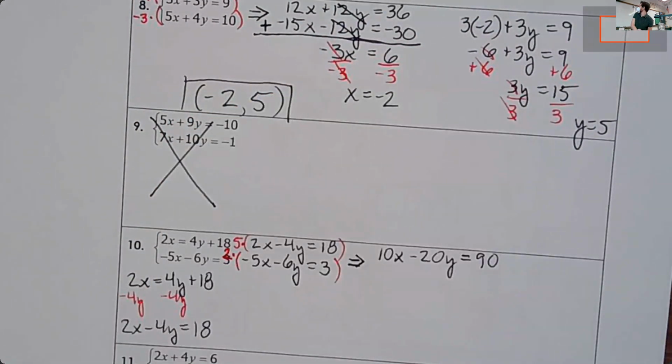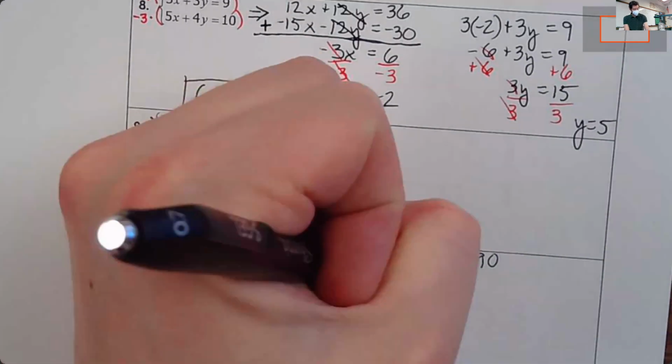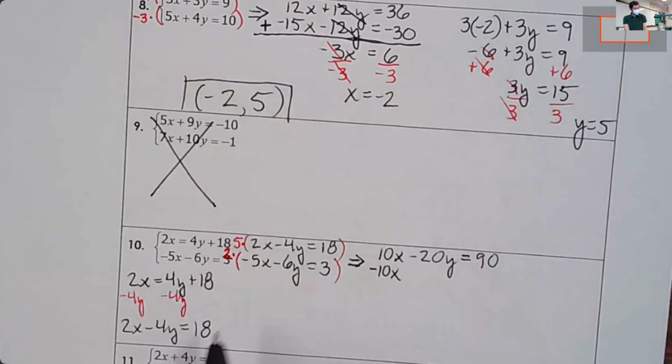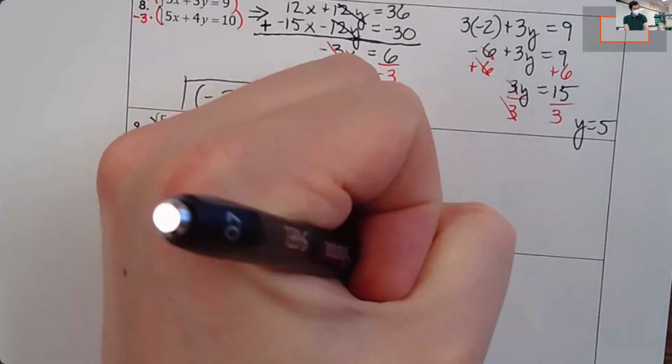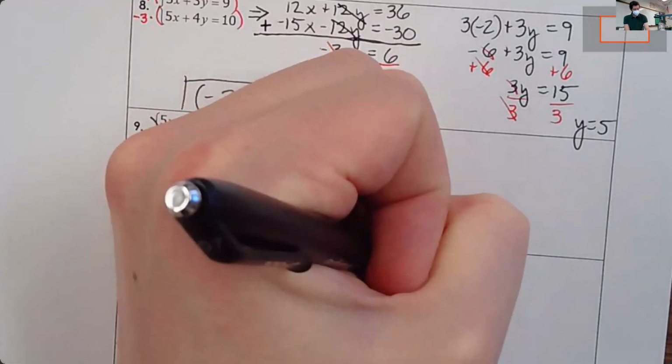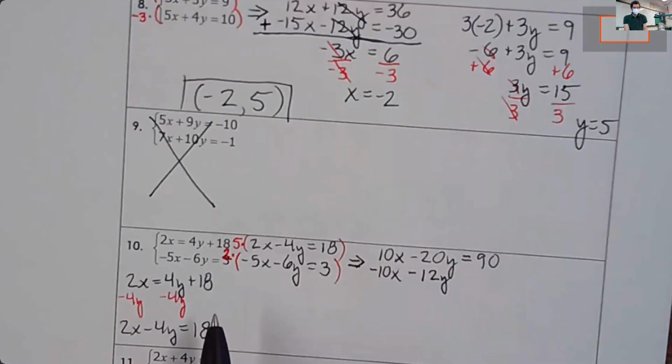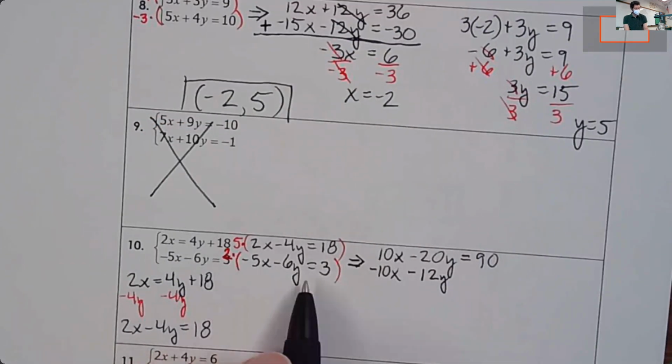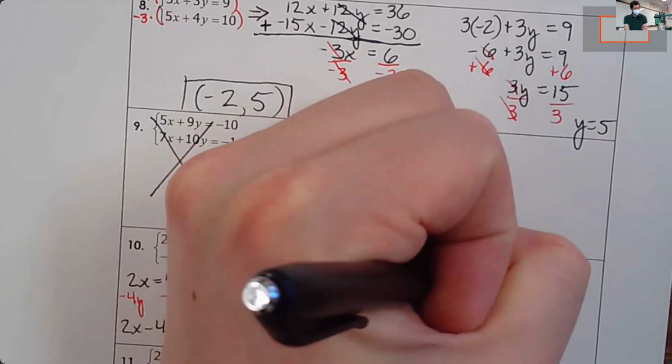So 10x minus 20y equals 90 for the top equation. And then the bottom equation, 2 times negative 5x is negative 10x. 2 times negative 6y is a minus 12y. And then 2 times 3 equals 6.